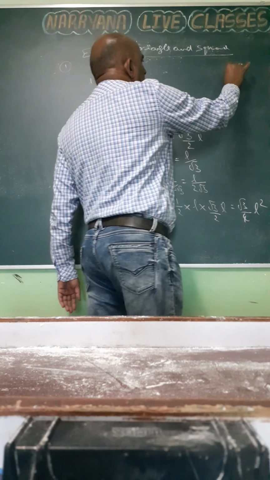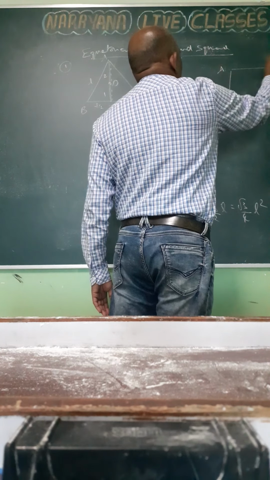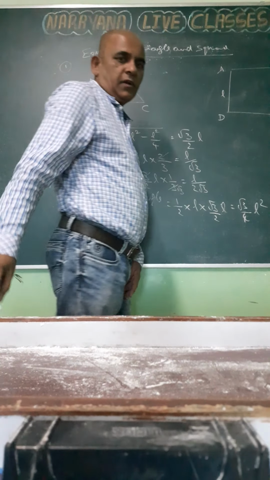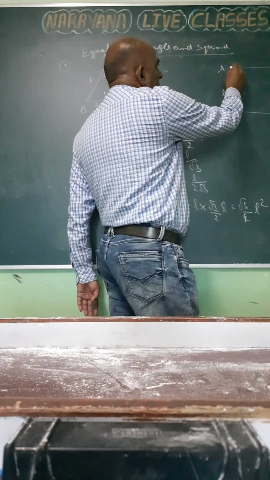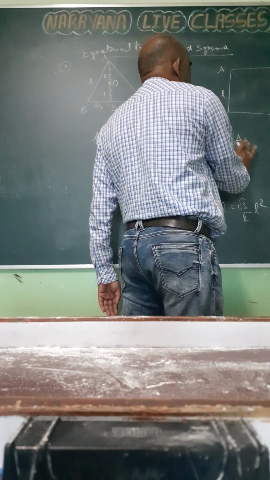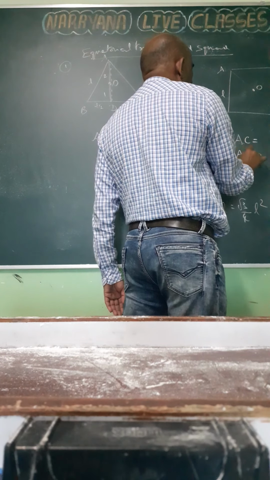So similarly take one square ABCD of side L. Then what is the diagonal of the square, AC? And this is the center, then AO, how much?